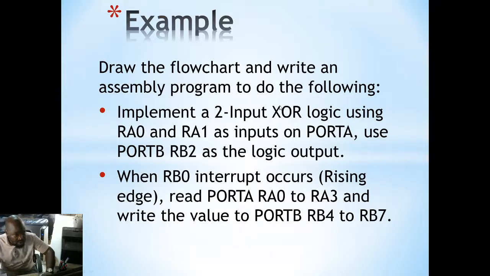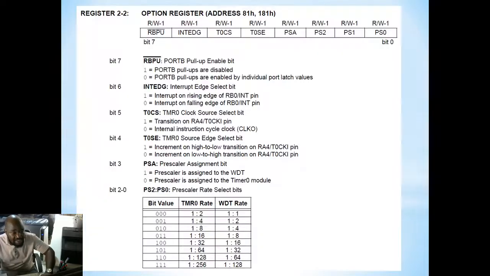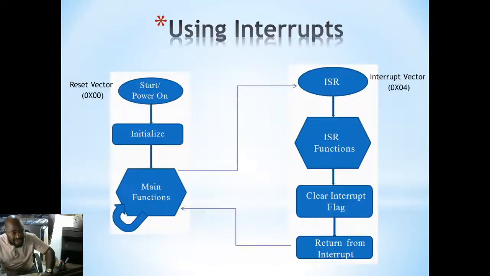That's what we want to do, right? So we are going to create our flowchart, set up our inputs and outputs, and start implementing an exclusive OR gate there, right?